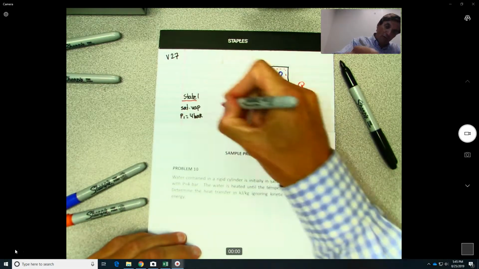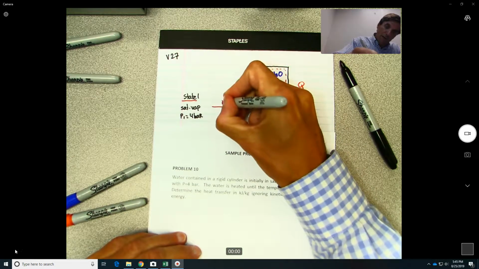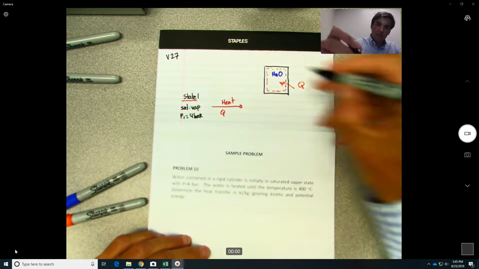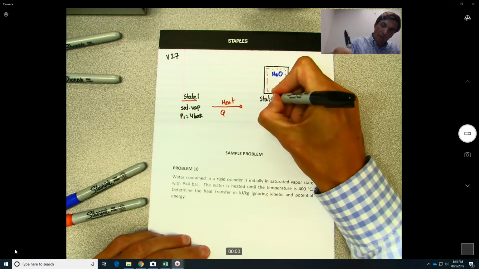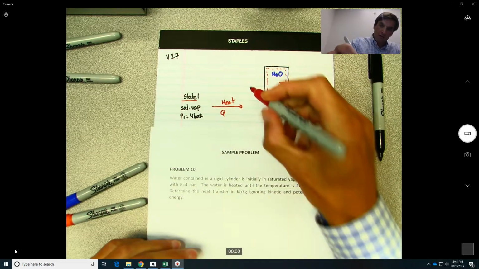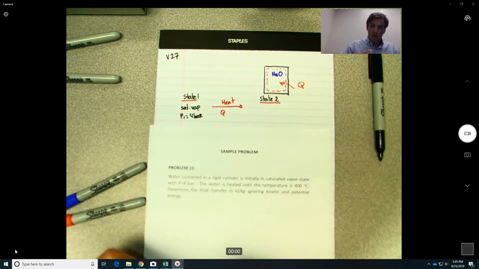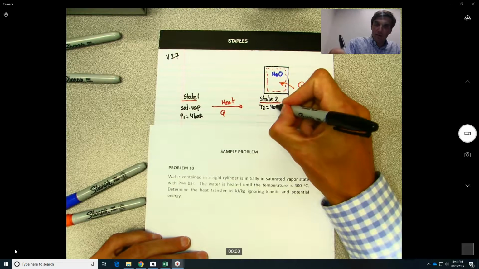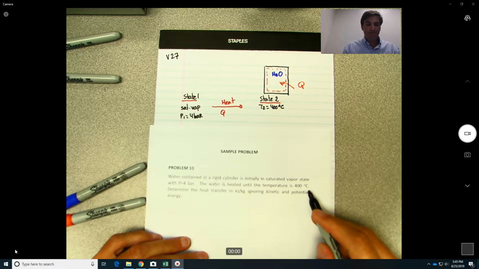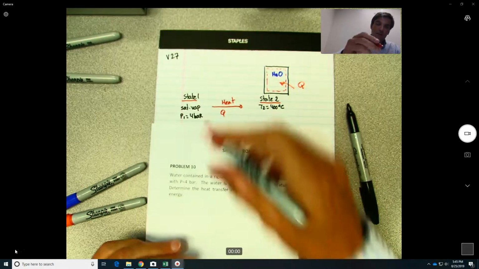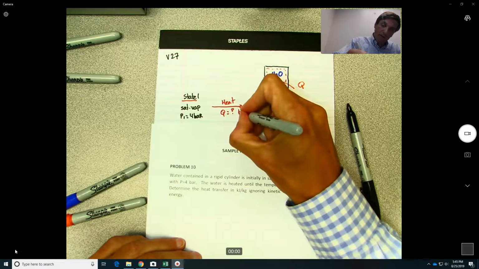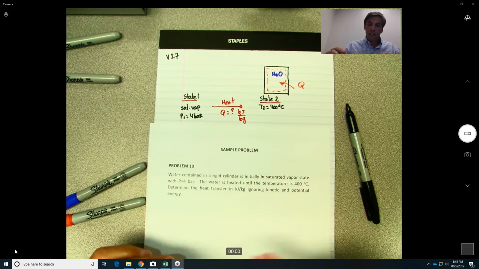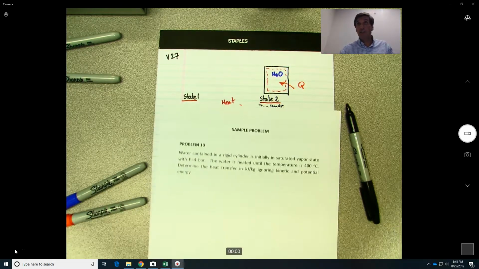So let's say state 1, heat, until state 2, where the temperature is 400 degrees Celsius. Determine the heat transfer in kilojoules per kilogram, ignoring kinetic and potential energy.